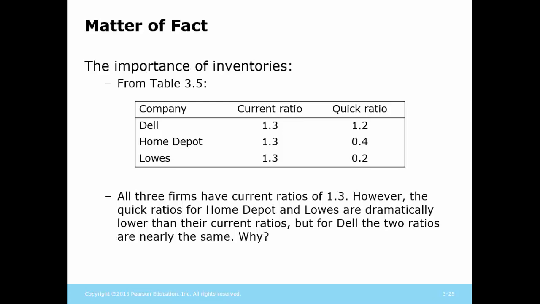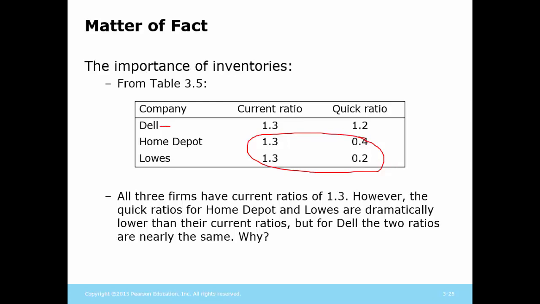So how does this impact other companies? Again, we can see here's Dell, a computer company. The difference is 1.3, 1.2. But look at the difference for Home Depot, 1.3 and 0.4. Lowe's is 1.3 and 0.2. The difference here is important because of inventory. Dell doesn't keep a lot of inventory.